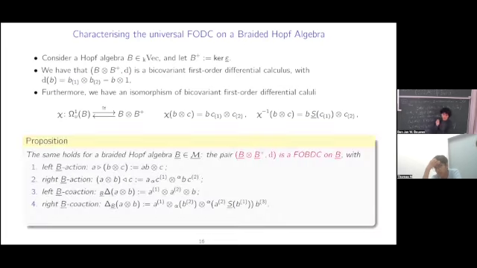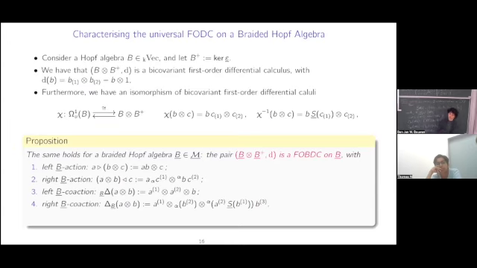Okay, do we have something similar at the level of first-order braided differential calculi over a braided Hopf algebra? The answer is yes. So we take a braided Hopf algebra in a braided monoidal category. The pair B tensor B^+, d is a first-order braided differential calculus on B, where very explicitly we have the left B action, right B action, and left coaction given almost precisely as in the classical case of vector spaces.